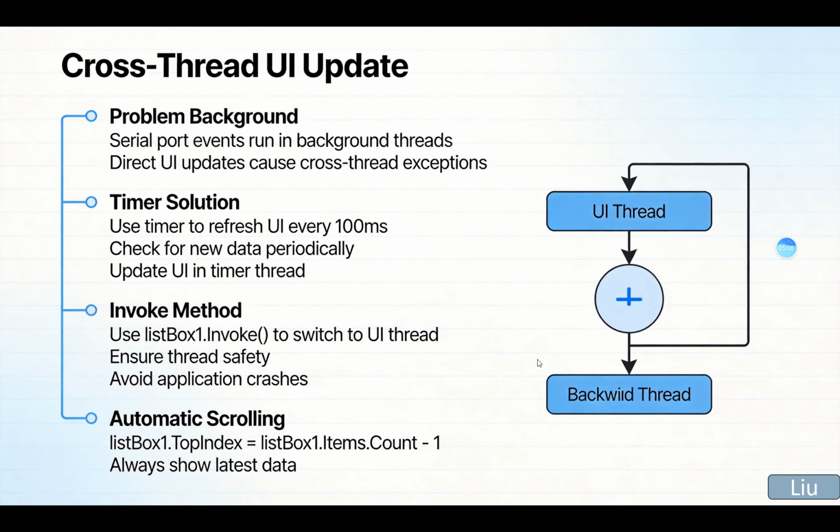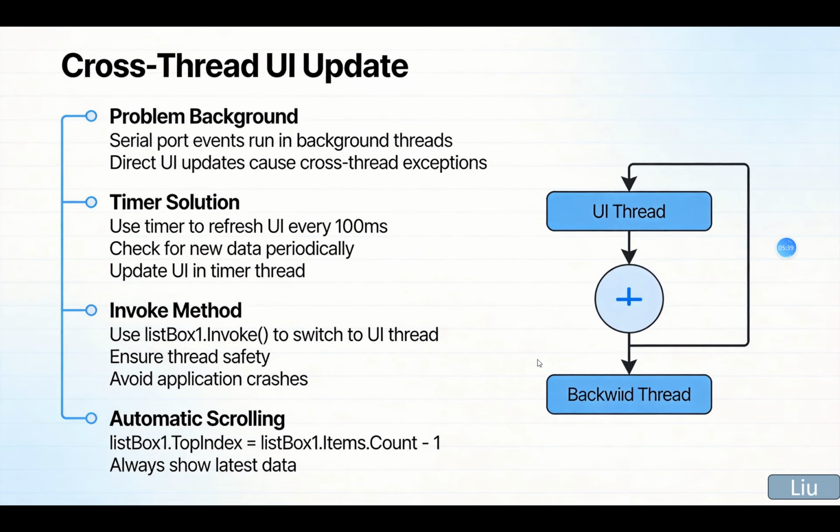The cross-thread UI update: the problem background is that serial port events run in background threads. Direct UI updates cause a cross-thread exception, and the timer is the solution. Use a timer to refresh the UI every 100 ms and check for new data periodically.